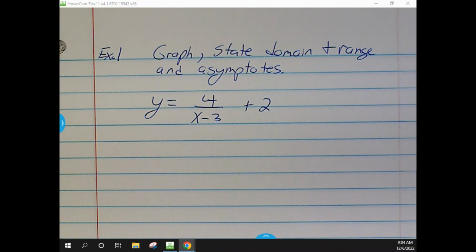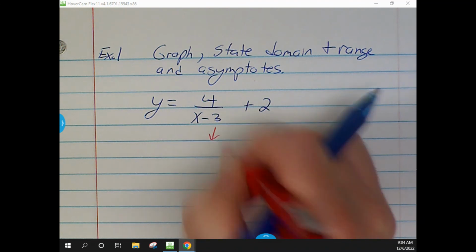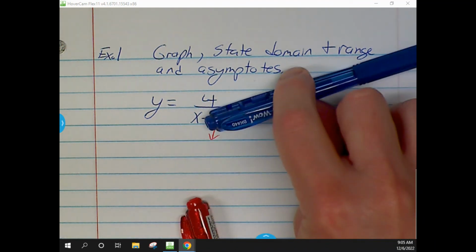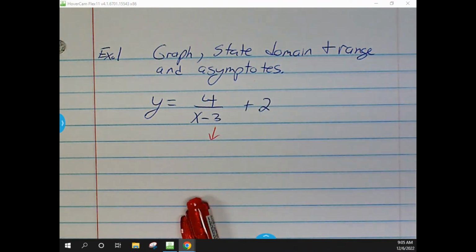All right, so we're going to start with 4 over x minus 3 plus 2. And again, last time we were basically just doing 4 over x. We're adding in the 3 and the 2.